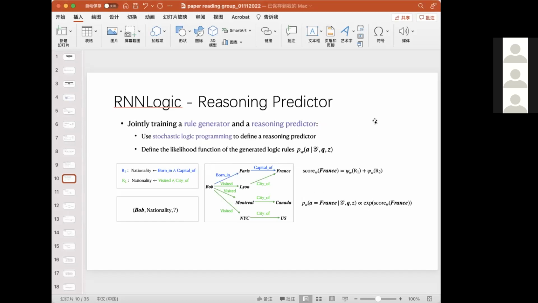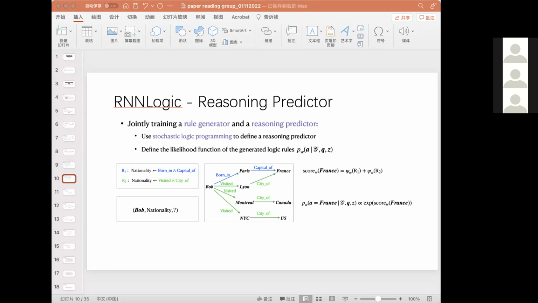Given such a rule generator, we can learn a set of logical rules in order to predict the query.